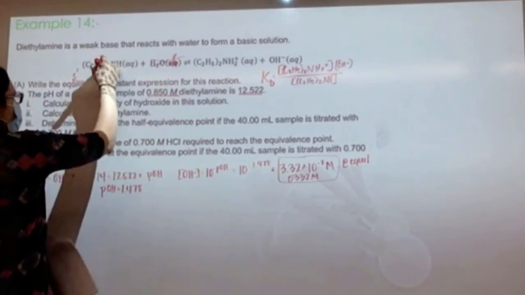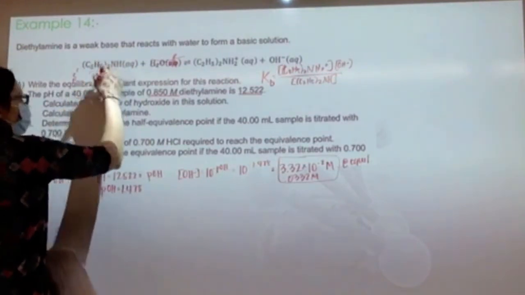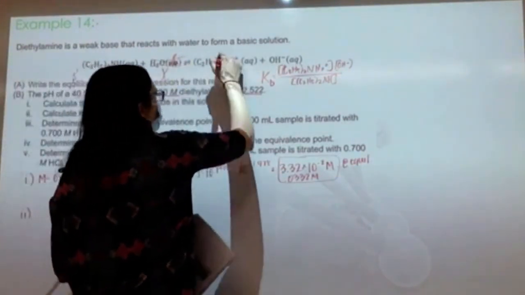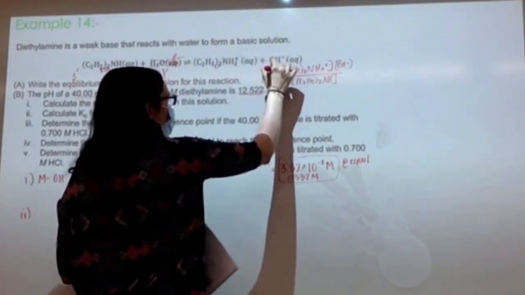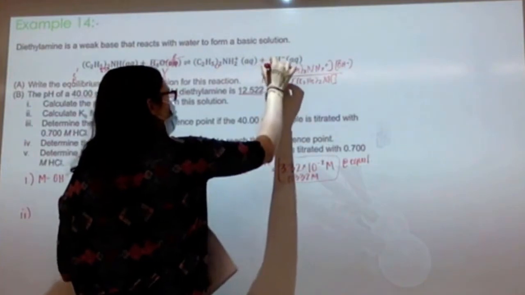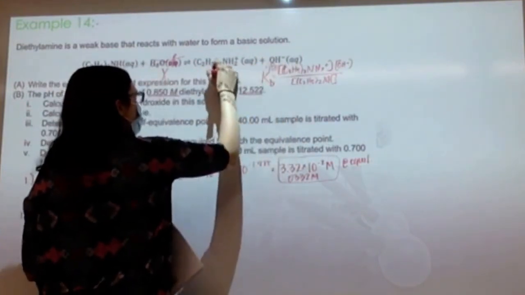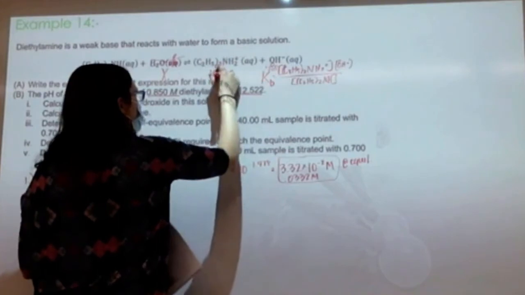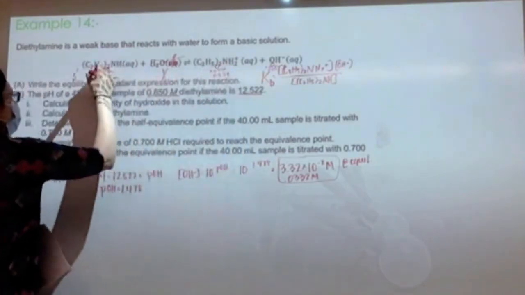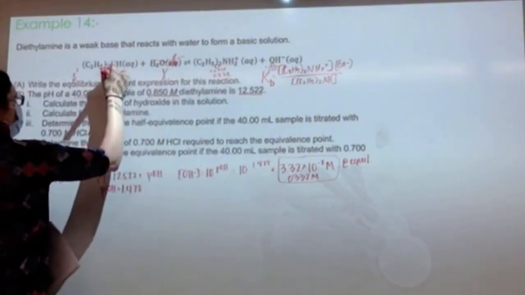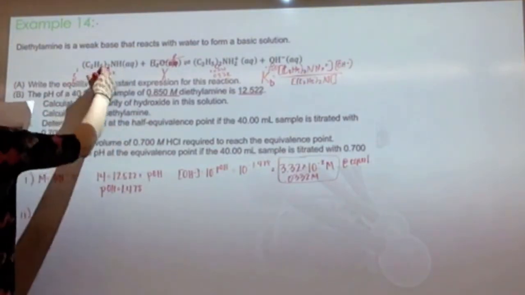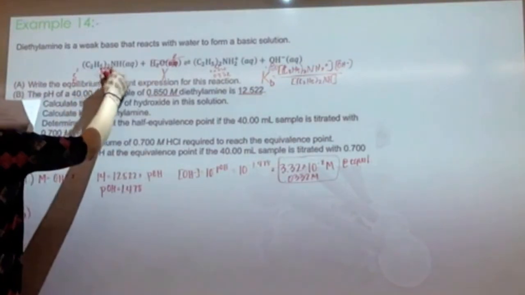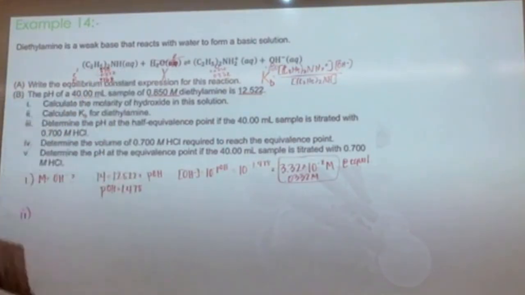We know this is 0.850. We don't start with anything initial here, but we know equilibrium for OH minus is 0.0332. So we know the change. Then I got 0.8168 for the equilibrium amount of diethylamine.